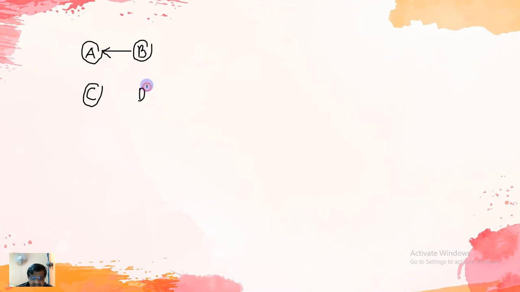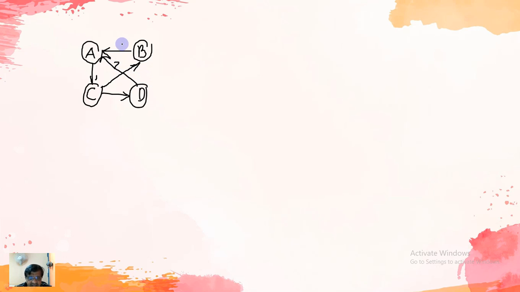This is D. So B and A is connected, and let us say A and C is connected, and C and D is connected, and D and A is connected with some weight. Anyway, connection is all the more important, then only we can find out the shortest distance.